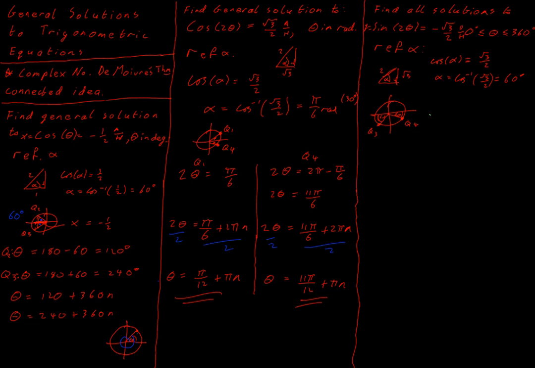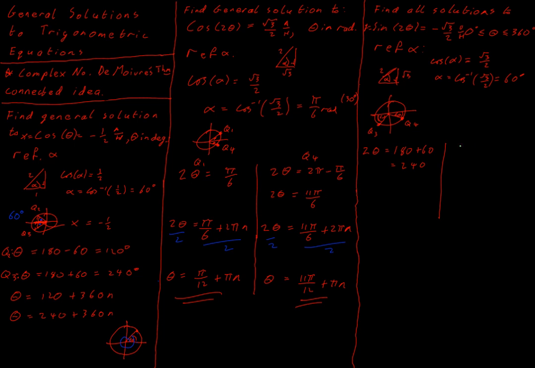So our different values for 2 theta then, let's break this up. We have 2 theta would be equal to 180 plus 60, which is equal to 240.